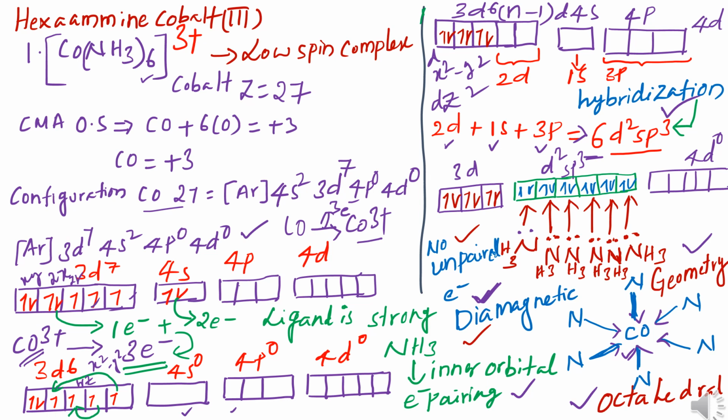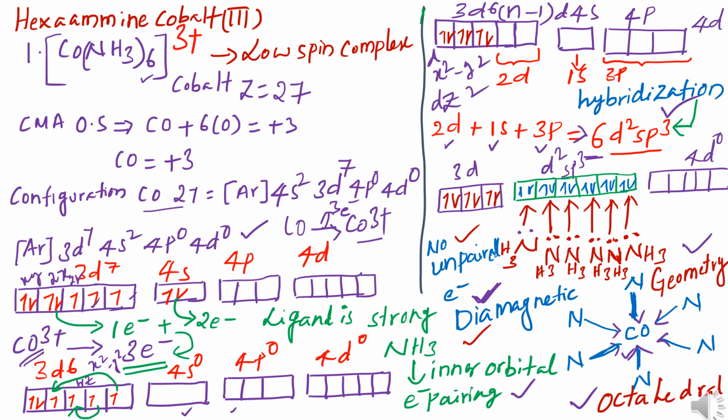These are the tips we have to follow while describing the nature of coordination compounds with the approach of valence bond theory. First, you have to identify the central metal atom and see its atomic number. The central metal atom is cobalt here, whose atomic number is 27.